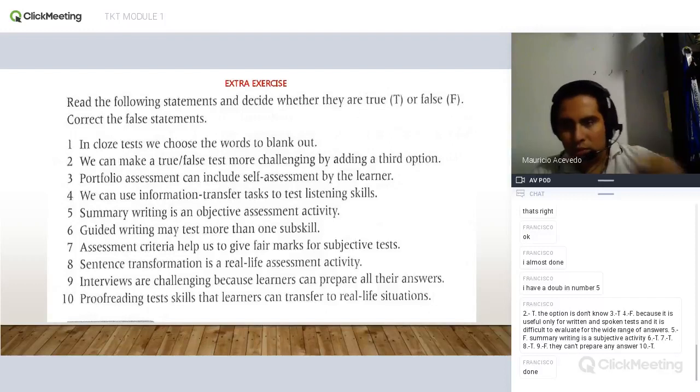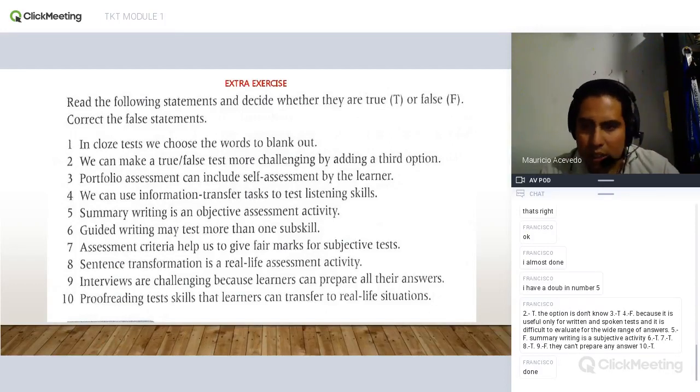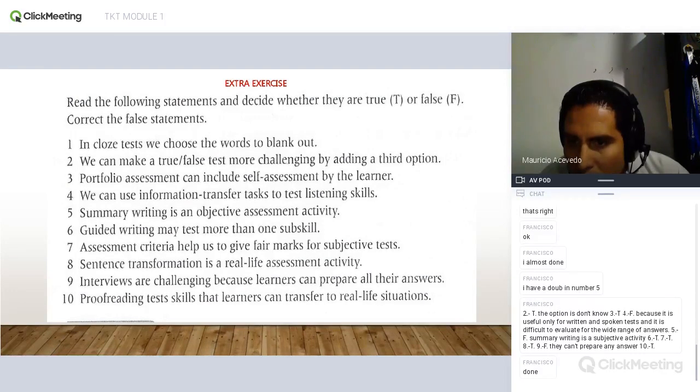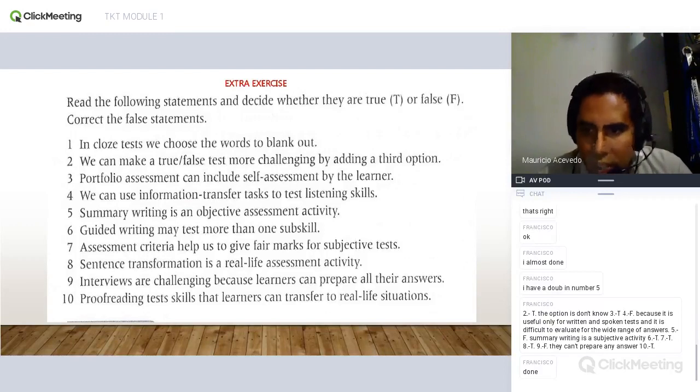Okay, so I can see your answers, Francisco. For you, number 2 is true. Number 3 is true. Number 4 is false. We can use information transfer tasks to test listening skills.